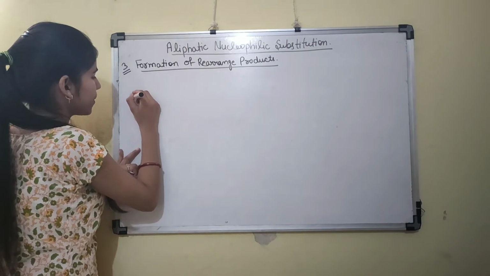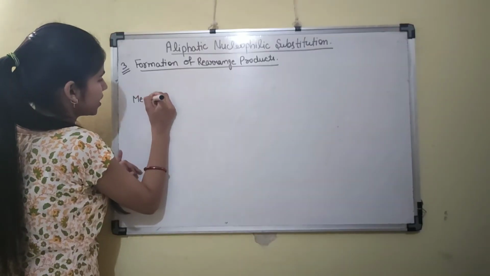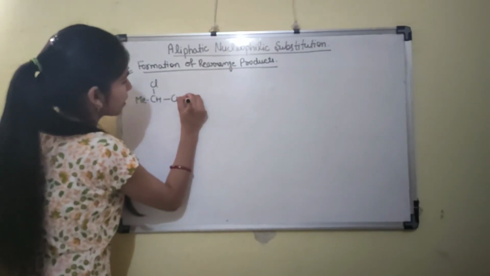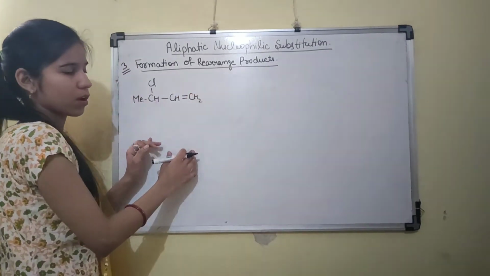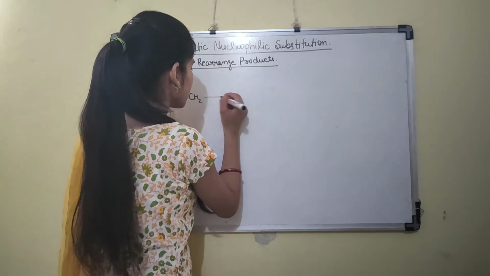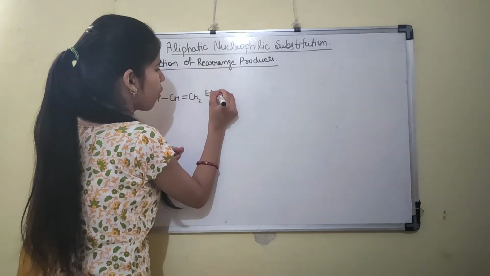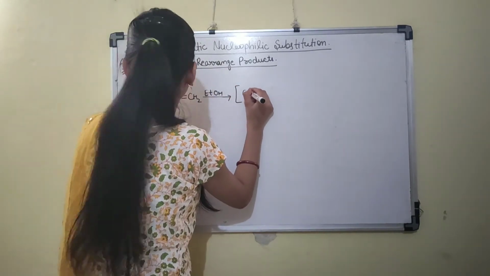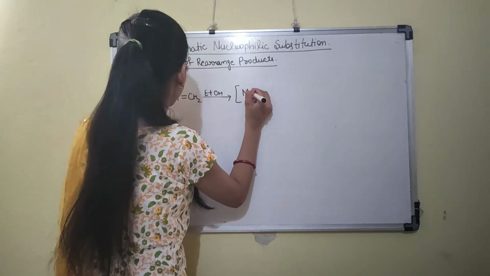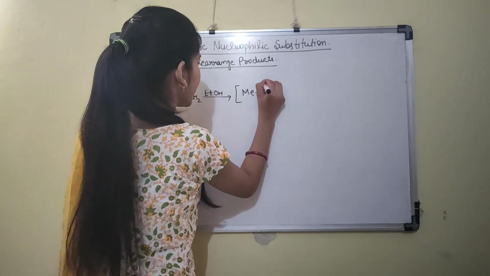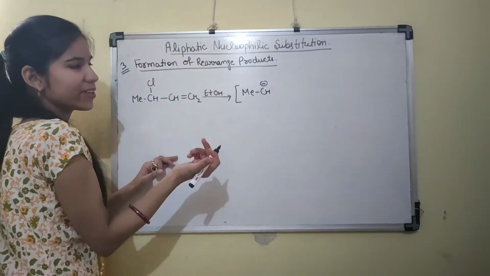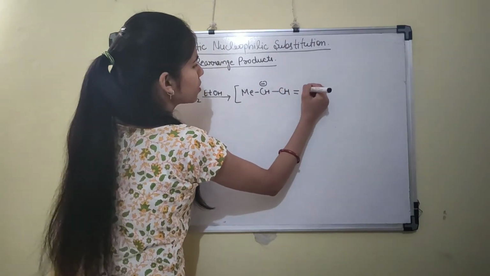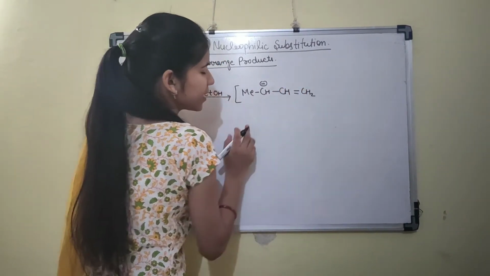So the example is MeCH Cl CH double bond CH2. When the reaction goes with EtOH, they form MeCH positive, CH double bond CH2, where Cl is the leaving group.